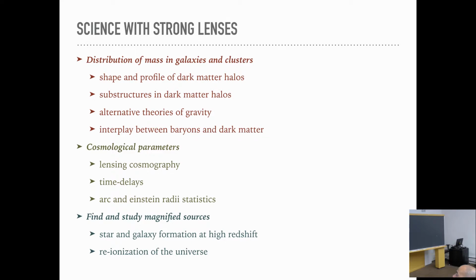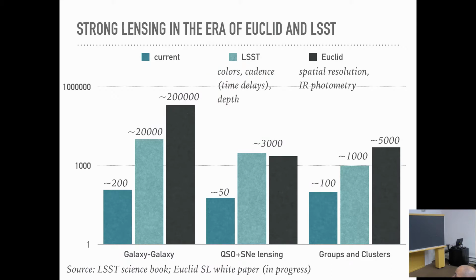And then we can also use the lenses as powerful natural telescopes to investigate the high redshift universe, so study the structure of the sources rather than of the lenses, and answer some other cosmological questions related, for example, to how the process of reionization took place at high redshift.